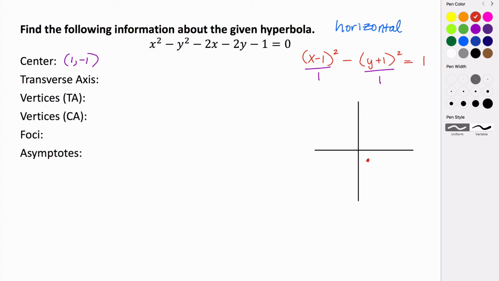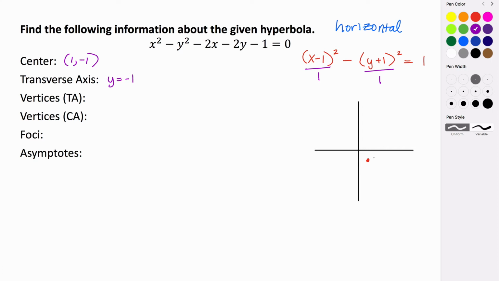The transverse axis is going to be some horizontal line that passes through this. That's going to be the equation y equals -1, because we know that horizontal lines have an equation of y equals. So y equals -1. Again, it's parallel to the x-axis.